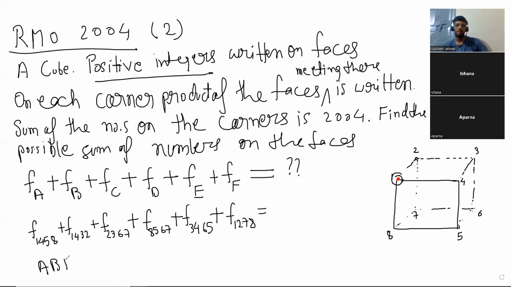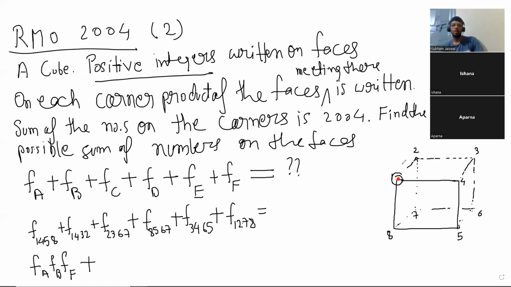So we will have A, B, F. I'm not writing it like that, maybe I'll write F of A, B, F. Sorry, not like this. F of A times F of B times F of F. These three faces will meet at the vertex 1, so their product. Similarly, you will have 7 other products.